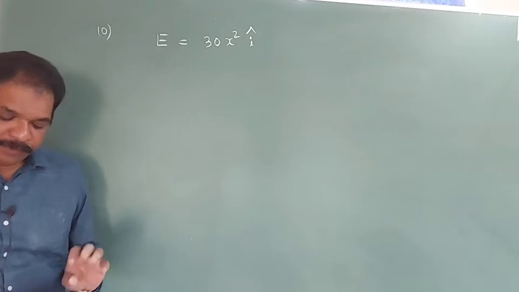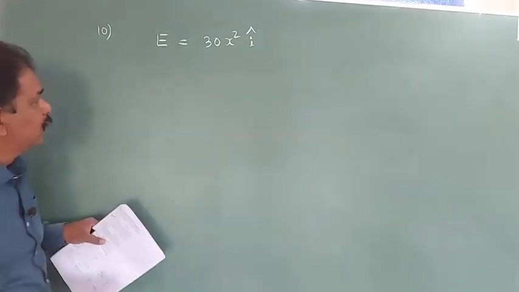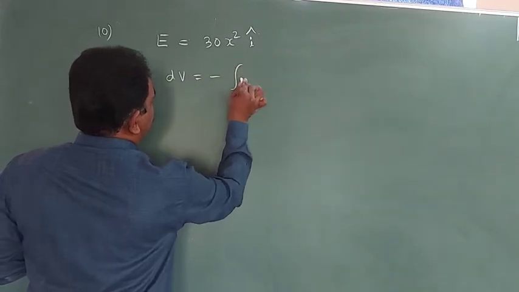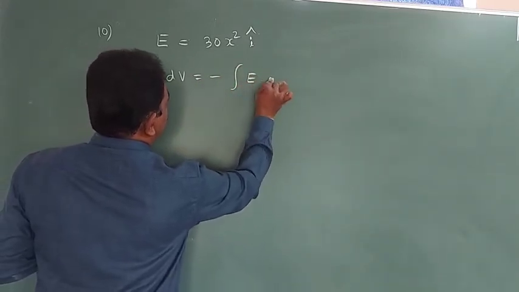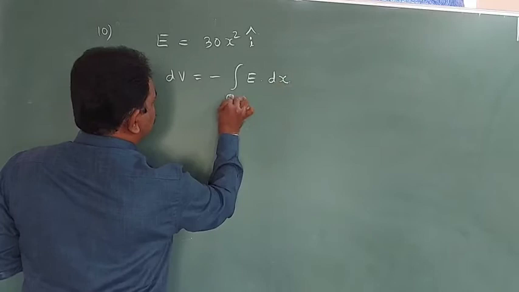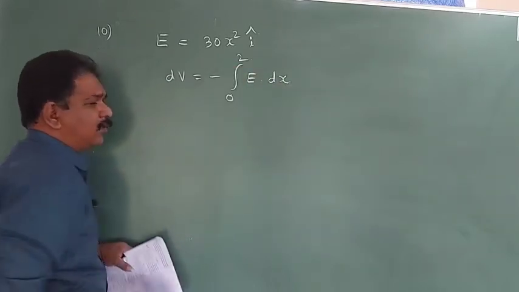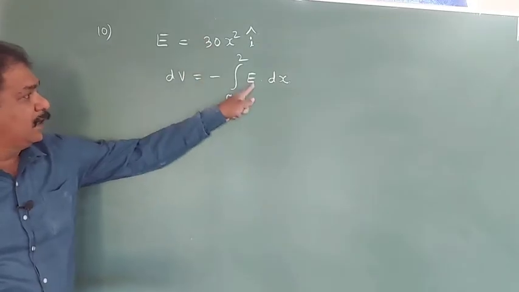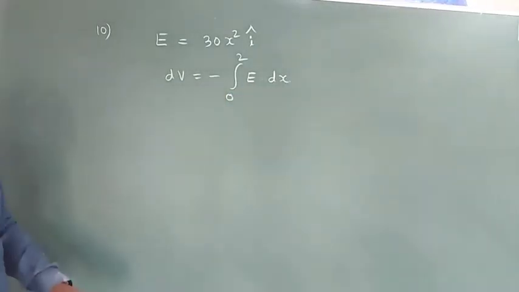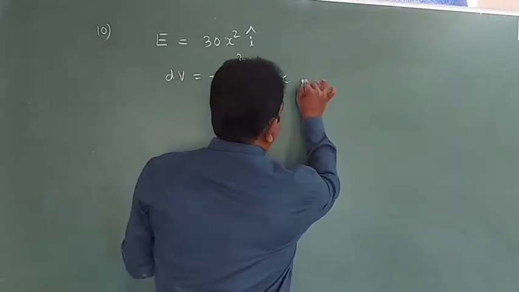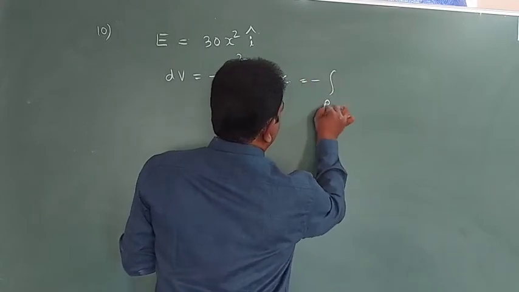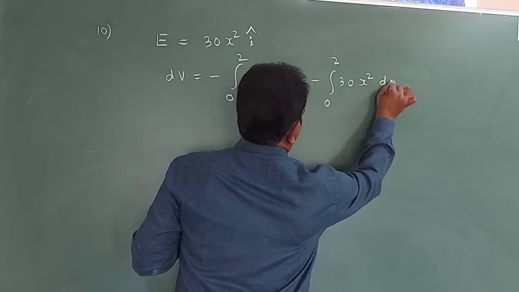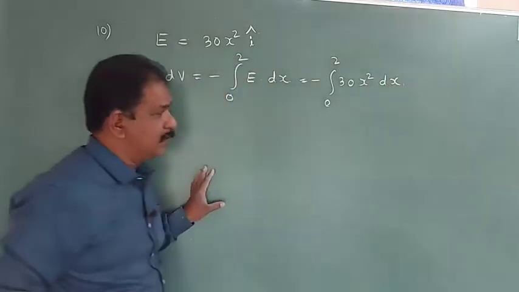They are asking potential difference. dV is equal to minus integral E dx between 0 to 2. You substitute this E value here. So dV is equal to minus integral 0 to 2 of 30x square dx.